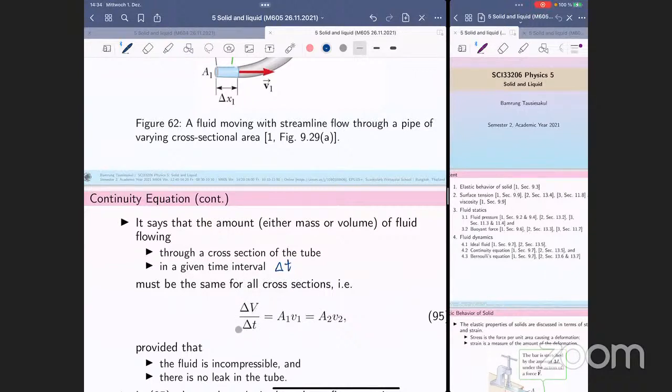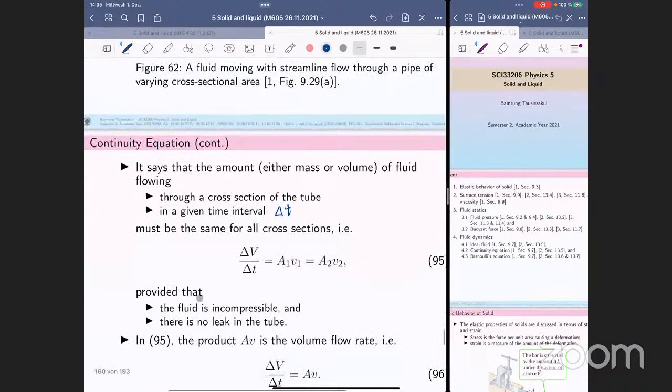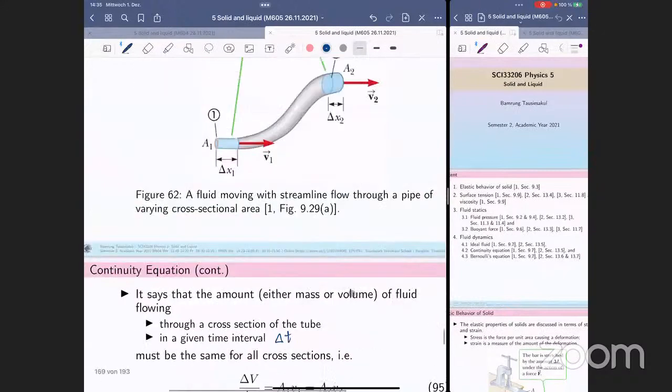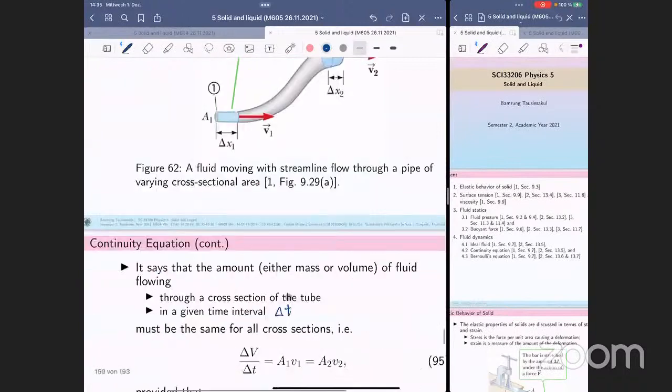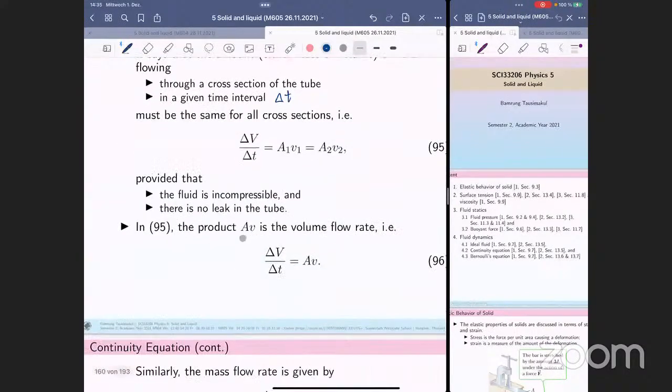It's equal to A1 V1 and A2 V2, provided that the fluid is incompressible and there's no leak in the tube, no hole at all in this water hose or water pipe. And yes, the product AV is the volume flow rate, the flow rate in terms of volume.